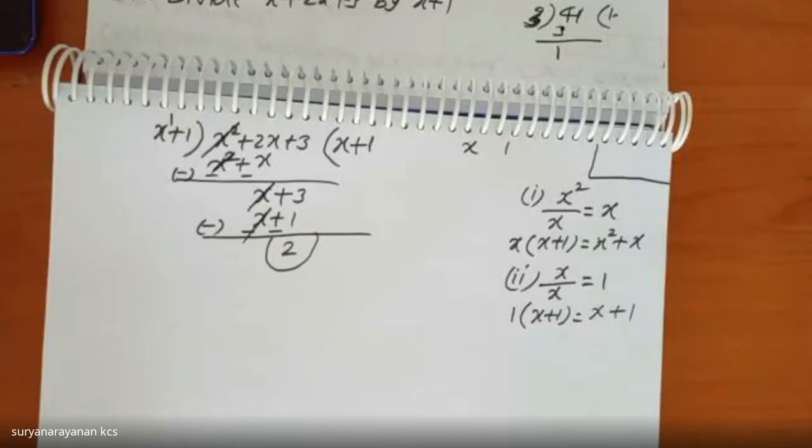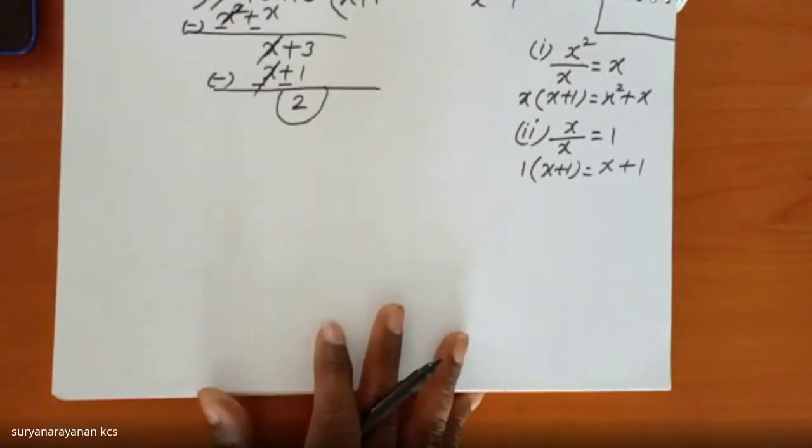If God gives a gift for you, my dear children, if you want to find a remainder when you are dividing a polynomial by a linear polynomial, then what will you ask? Oh my God, tell me a shortcut method, God. Yes or no? Do you ask your God or not?